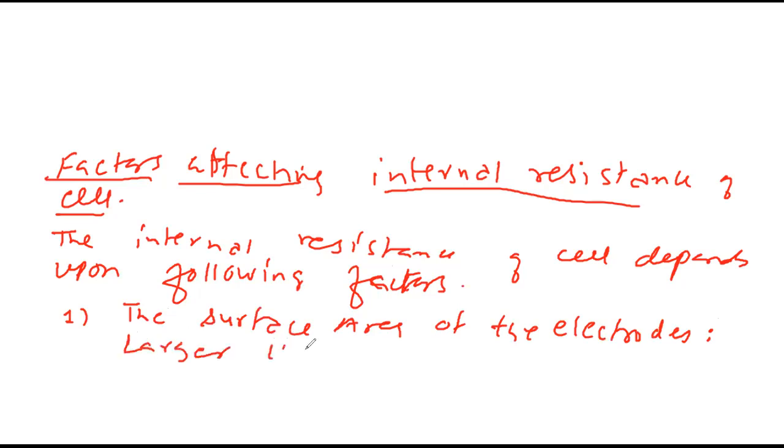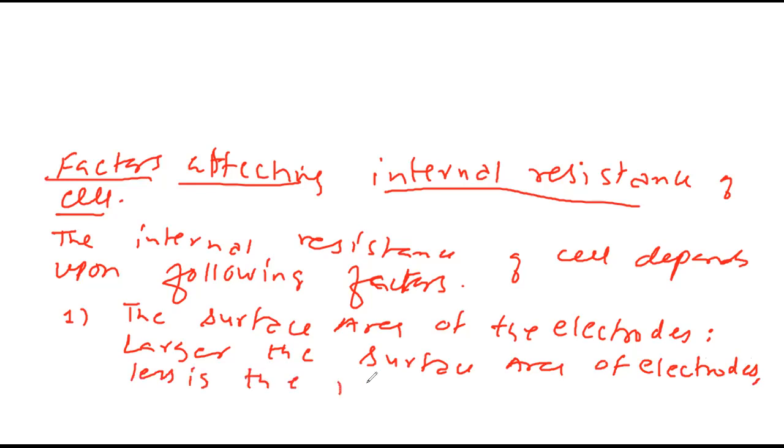The larger the surface area of electrodes, the less is the internal resistance. Larger the surface area, smaller the internal resistance.